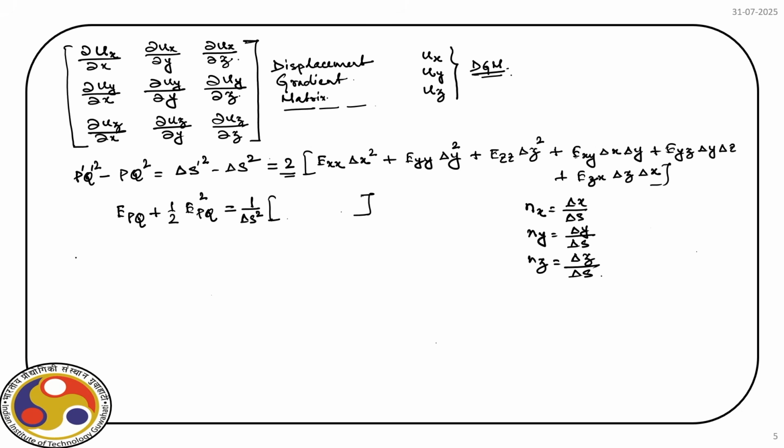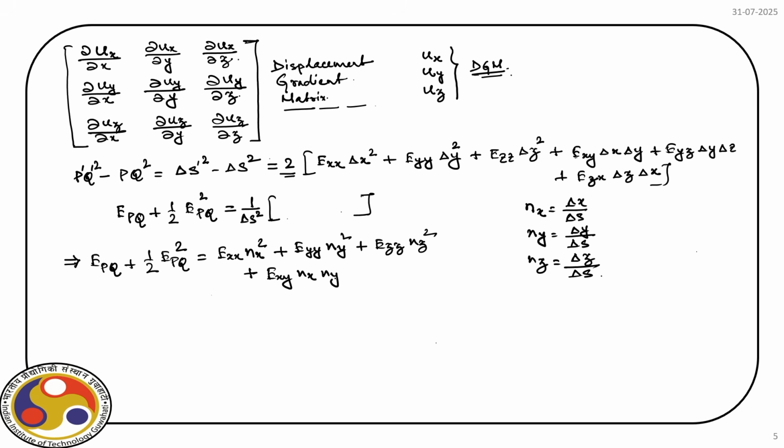So, what we have here is E of pq plus half E of pq square is equal to E of xx n x square plus E of yy n y square plus E of zz n z square plus E of xy n x n y plus E of yz n y n z plus E of zx n z n x.